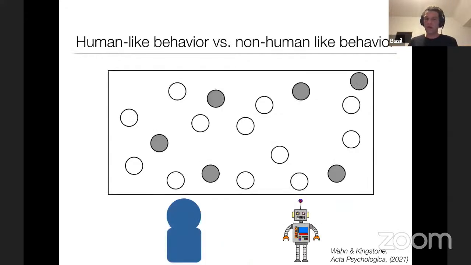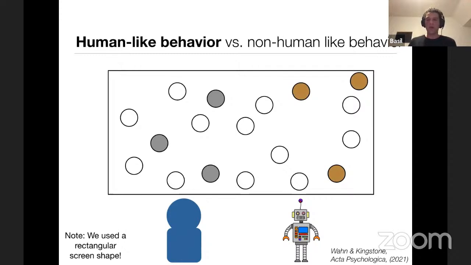Then what we also varied was the behavior of the computer partner. One behavior was human-like. So the computer was using a left and right labor division strategy. And I want to emphasize here, we used those rectangular shaped monitors that we used in our initial studies, so there's a clear preference for left and right labor division strategies for humans for this particular setup.